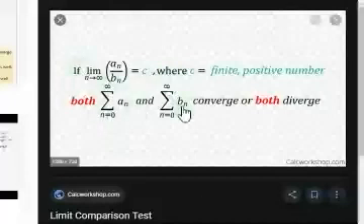If you have two series like this, both positive series, important, right? If the limit of a sub n divided by b sub n is a finite, positive value, right? Then you can say both series converge or both diverge, right?